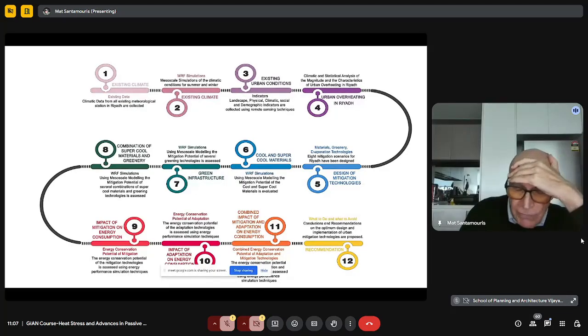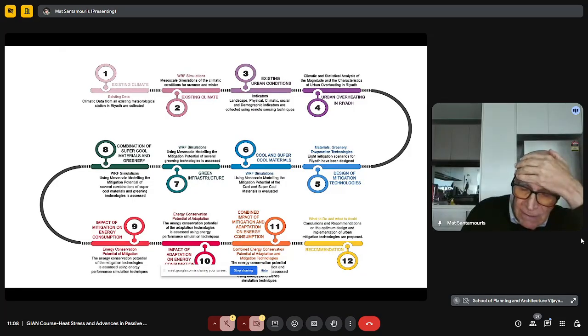And we used existing mitigation technologies and advanced mitigation technologies, which are based on the use of materials, greenery, evaporation, and combinations of them. And these mitigation scenarios have to do, first of all, with the use of cool and super cool materials. We will discuss about it.